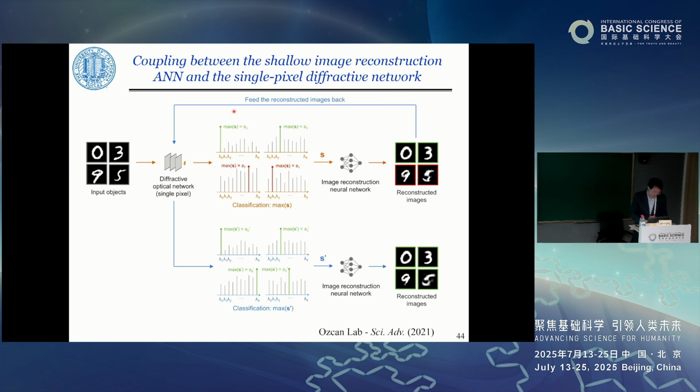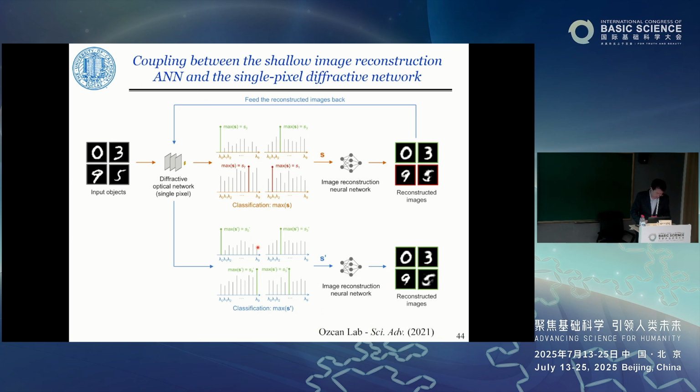Besides performing inference in the optical modality, there are additional representative works that highlight the synergy between digital neural networks and diffractive optical networks in optical-electronic computing systems. For example, diffractive optical decoders are utilized to decode the representations generated by an electronic encoder, enabling small-resolution image display optically.